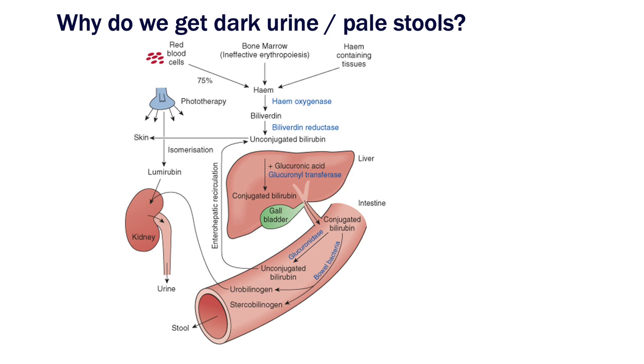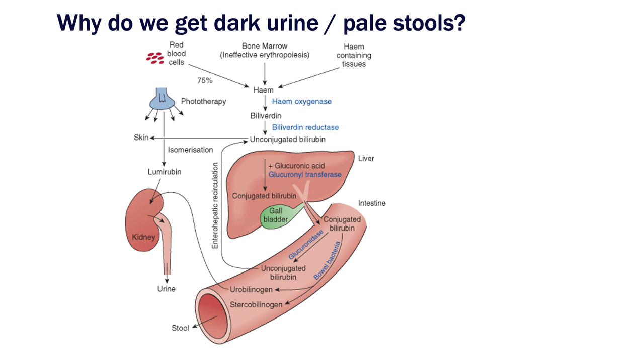One of the breakdown products of this process is heme. Heme is then converted to biliverdin, and this is then converted to unconjugated bilirubin.